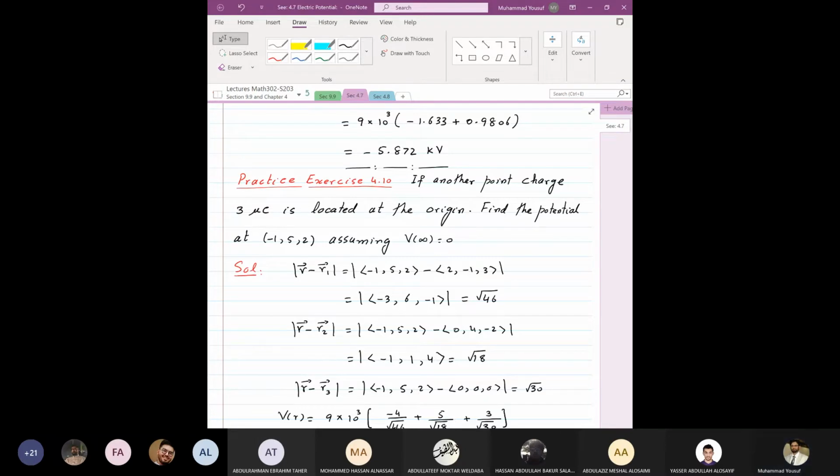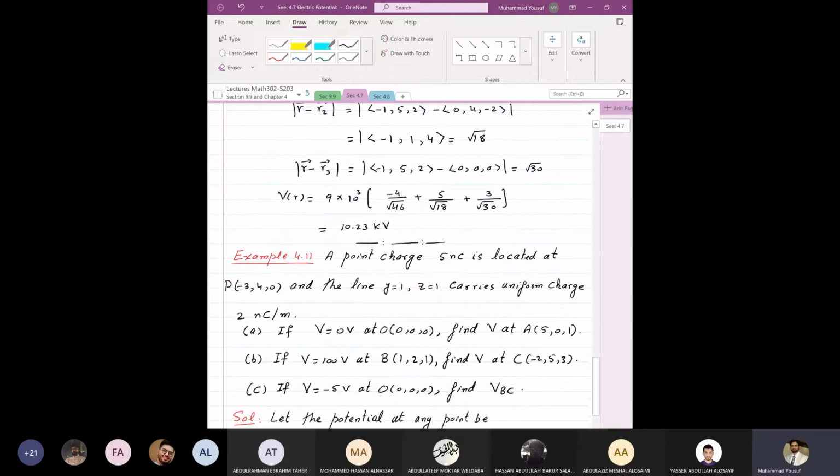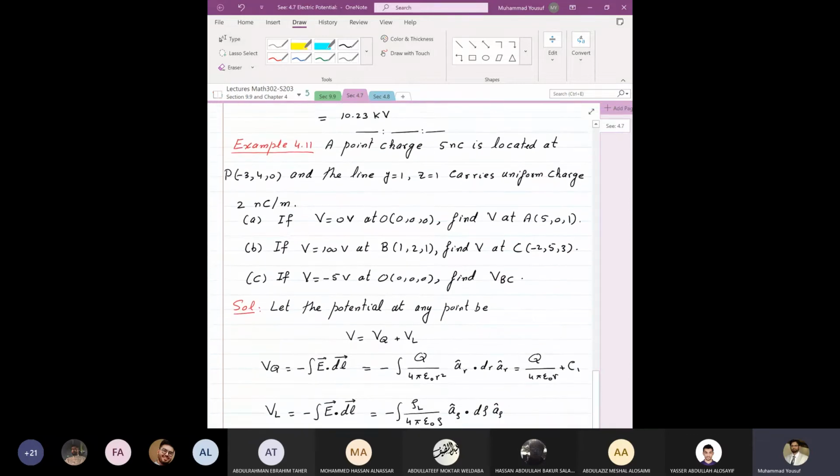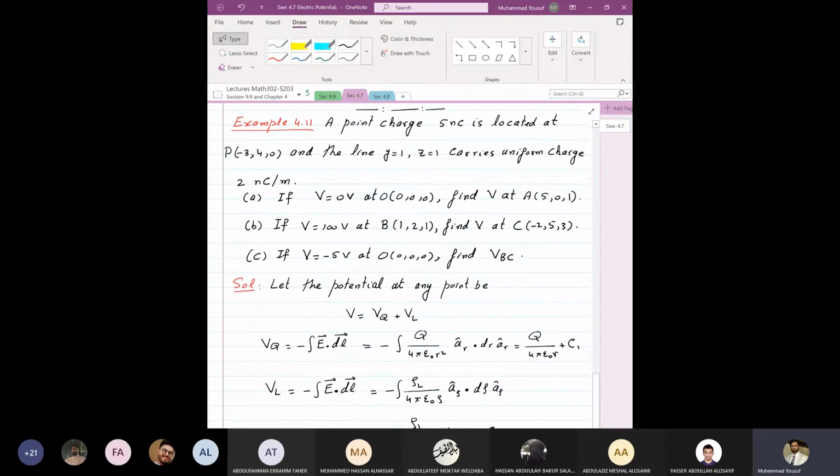Now, the next thing is a little more complicated. You are seeing this, which is example number 4.11. Now here we have two things. A point charge 5 nanocoulomb is located at P(-3, 4, 0). So there is one point charge and one line charge, and the line y equal to 1, z equal to 1 is a line which is parallel to the x-axis.